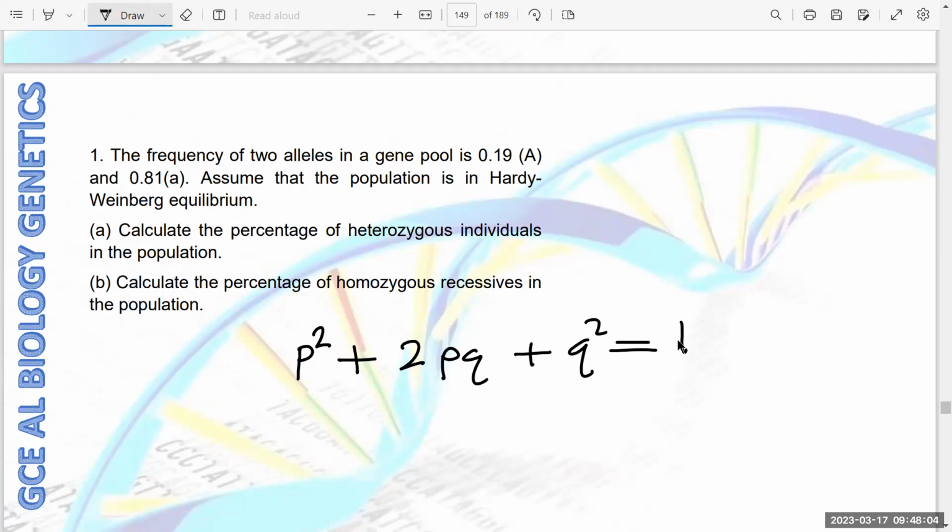So this is the Hardy-Weinberg formula or equilibrium equation. Now what is this p and what is this q? The p is the dominant allele. Actually, it's a small p, right? Small p is the dominant allele.